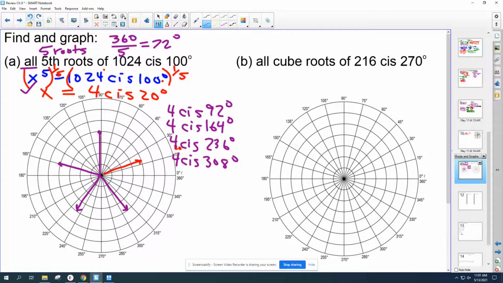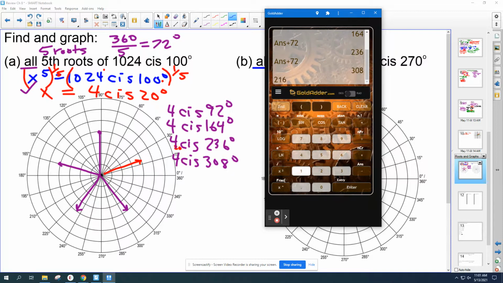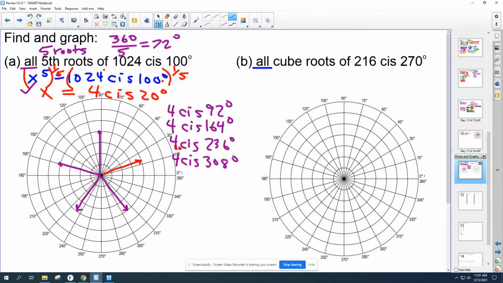So then the next one, you've got to find all cube roots. So cube root of 216, 216 to the 1/3 power. So cube root of 216 is 6. And 270 times 1/3 is 90. That's the first of the 3 solutions.